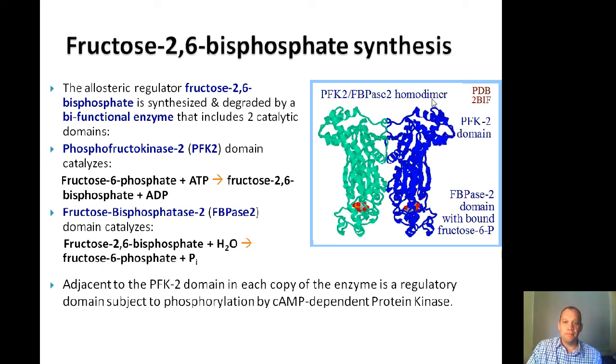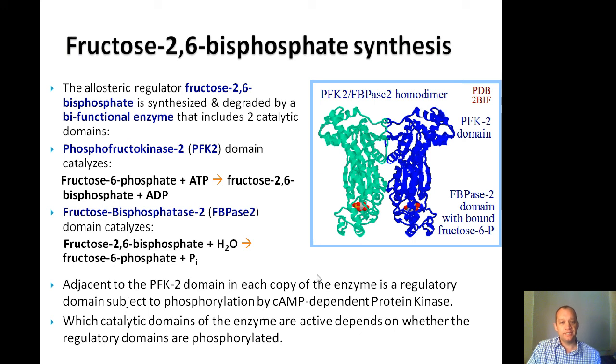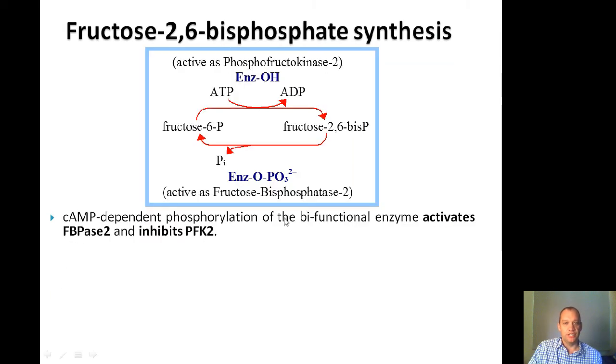So this protein then can be phosphorylated or it can be dephosphorylated. And which catalytic domain of the enzyme is then active depends on whether that domain is phosphorylated or not. So it doesn't at the same time act as a kinase and a phosphatase. It'll act as a kinase or a phosphatase depending on this phosphorylation.